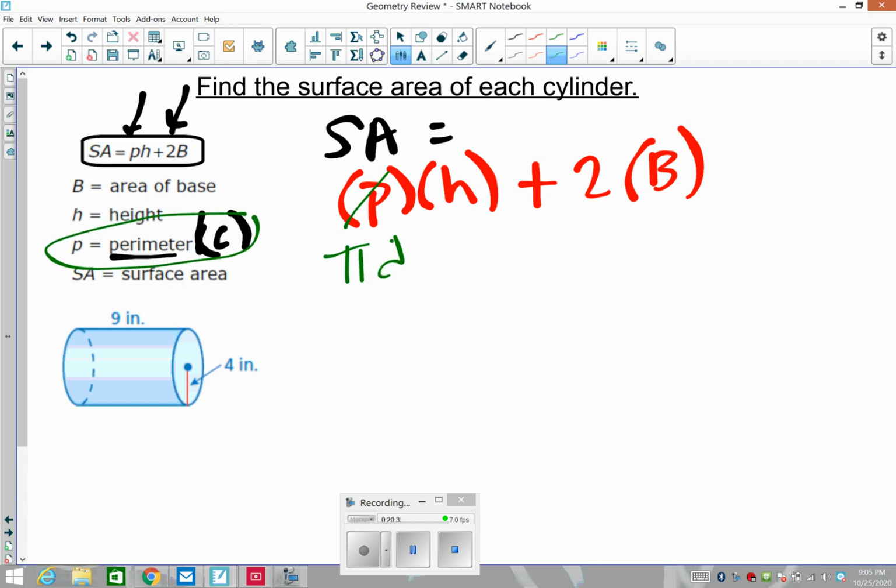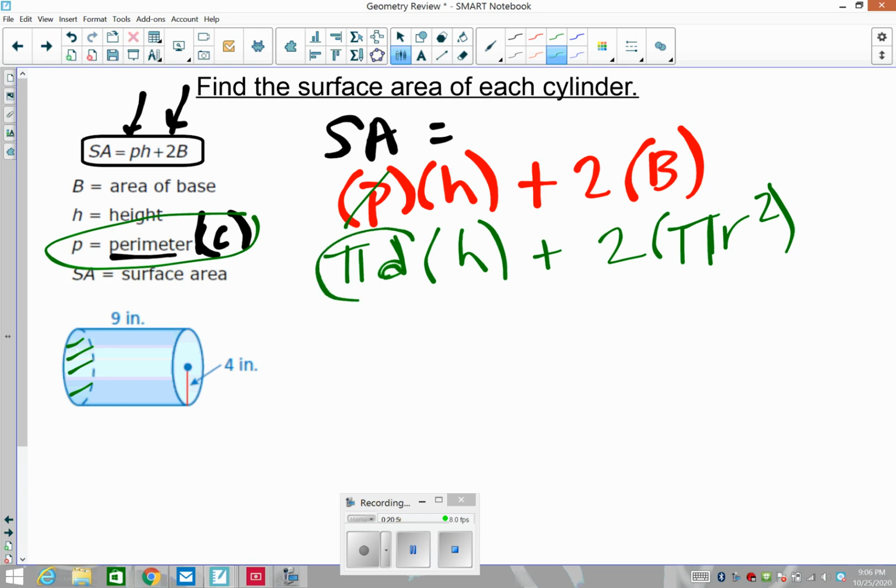So pi d times height plus 2 times the base, which is pi r squared. Okay, so this is what we have for the formula. So it's the circumference times the height, 2 circles, because we have a circle on top and a circle on the bottom. Okay, so now we got to plug everything in.